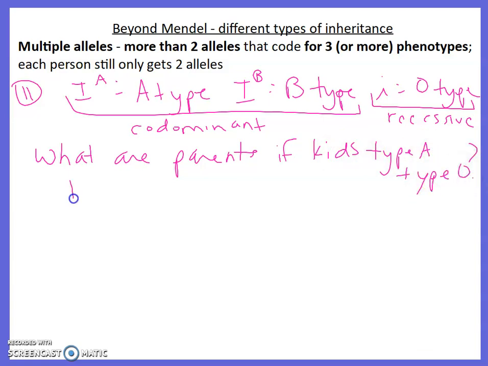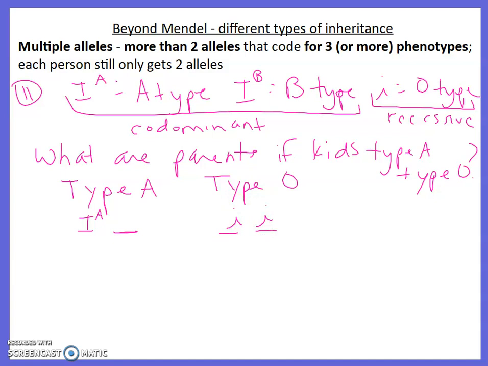All right, so type A. Whenever it is going to be type A blood, we know that that genotype can be I^A, and then this second allele is unsure. We just know that it can't be I^B. Type O blood has to be little i, which is essentially the recessive allele for blood type.